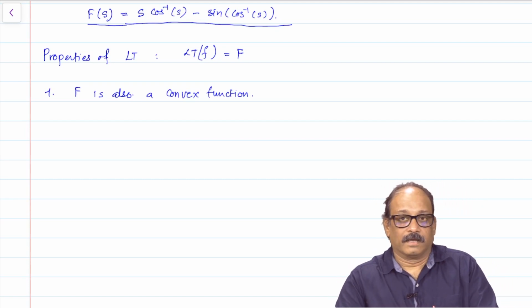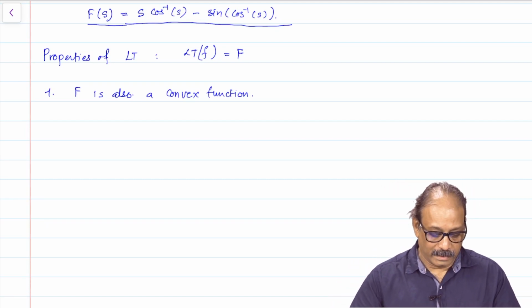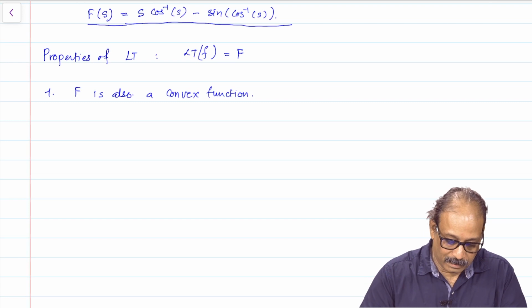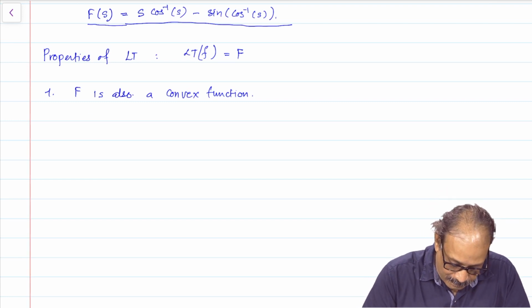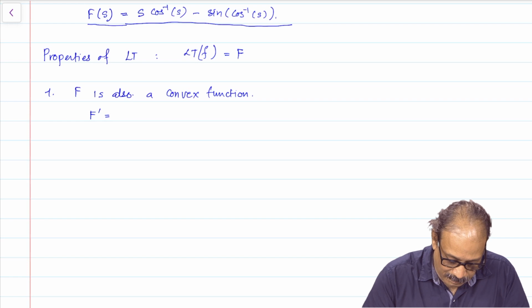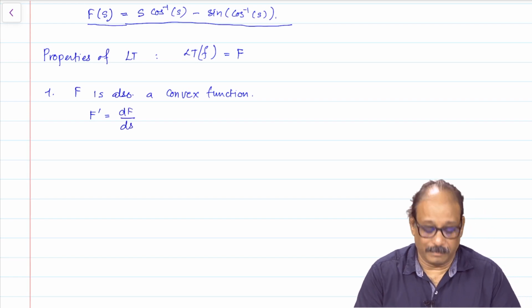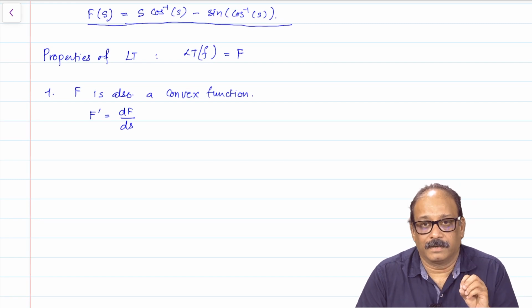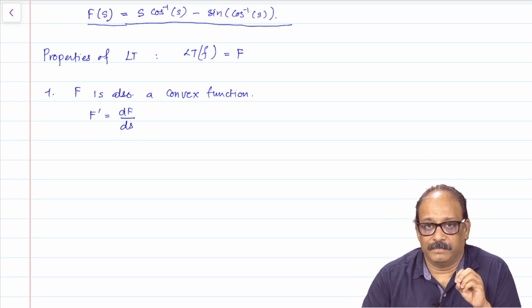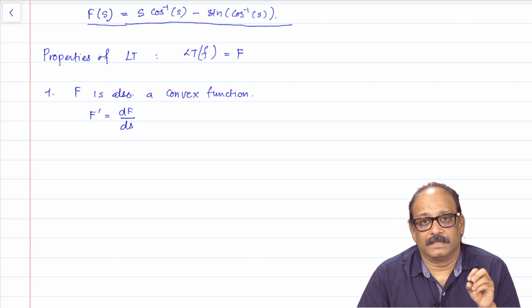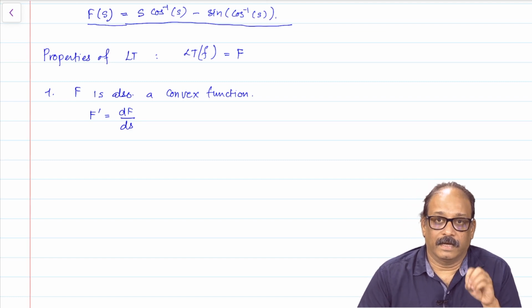Now, the proof of this is very simple. Remember, F prime is nothing but dF by ds. Remember, every time we take a prime, the derivative is taken with respect to its argument.